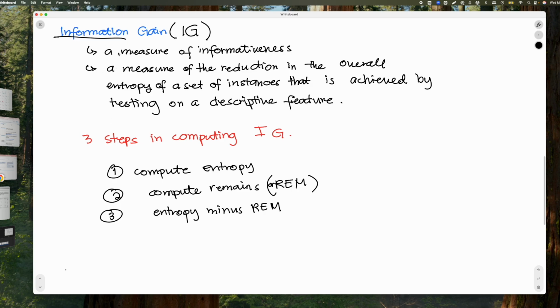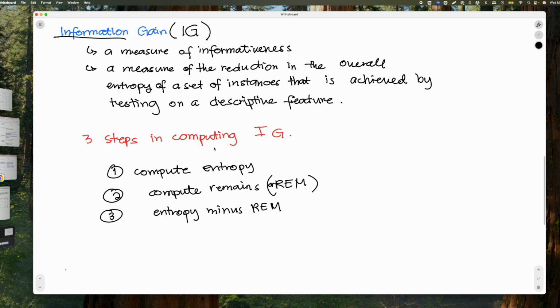While entropy is a measure of impurity or uncertainty, information gain is the measure of how informative it is, and its main goal is to reduce the overall entropy in an instance, and we test this on a descriptive feature.